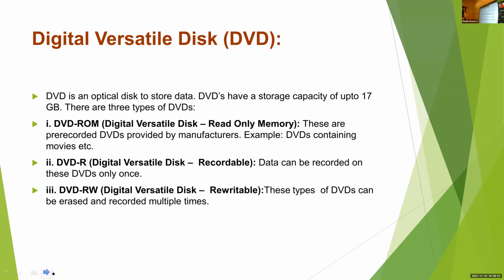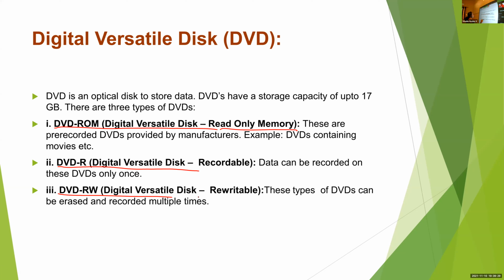The next one is digital versatile disk, DVD. You want to learn the expansion of DVD. It is digital versatile disk. Just like our CD types, here also 3 types are there. The first one is DVD-ROM, read-only memory, just like CD. And DVD-R is digital versatile disk recordable.